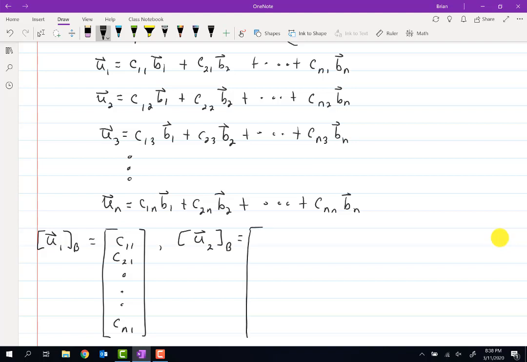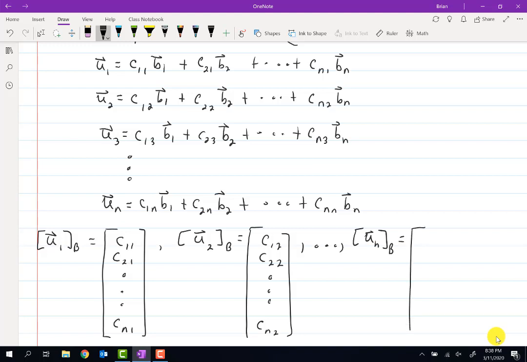For the second one then, my coefficients are C12, C22, all the way up to Cn2. And on up till Un in B, and that one was C1n, C2n, until I got to Cnn.